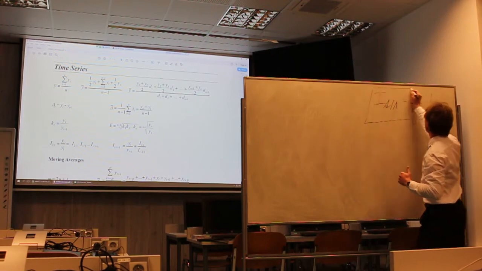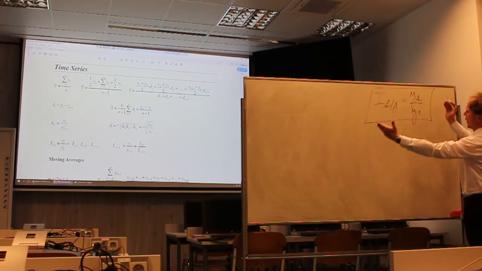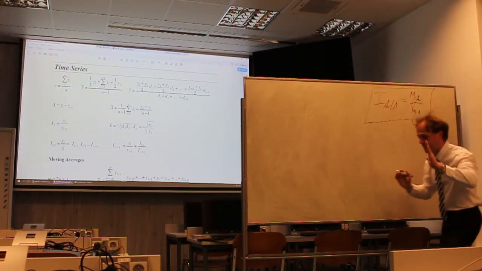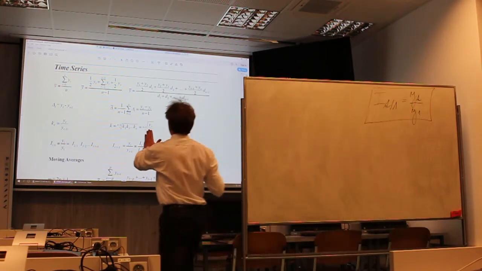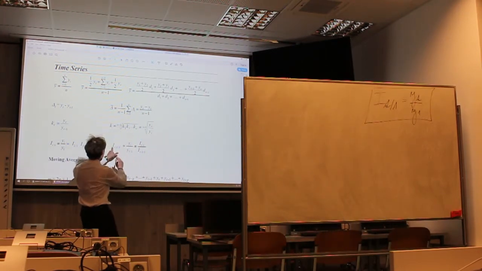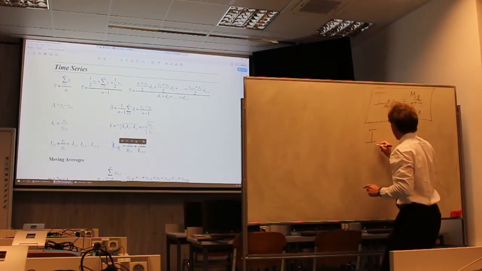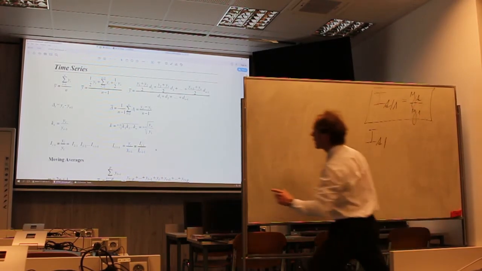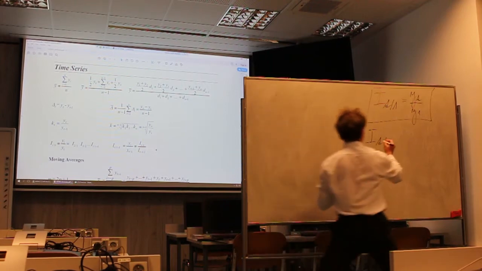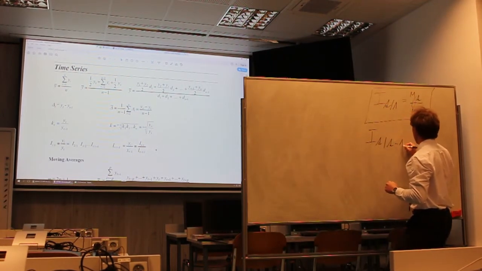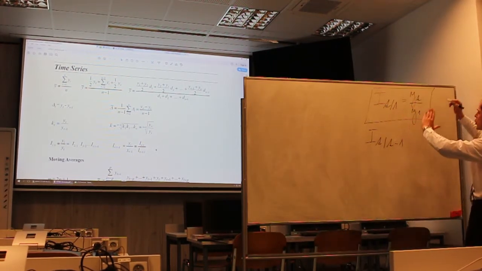So we will calculate a series of these indices, and after we will calculate the index in time t divided by t minus 1. This will be the chain.